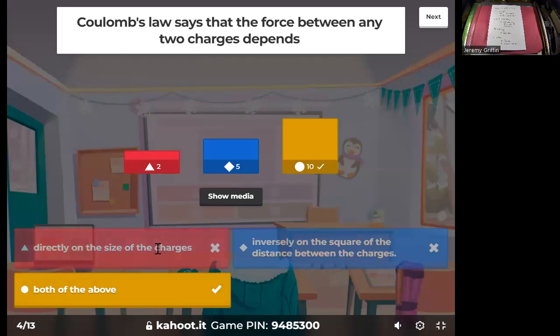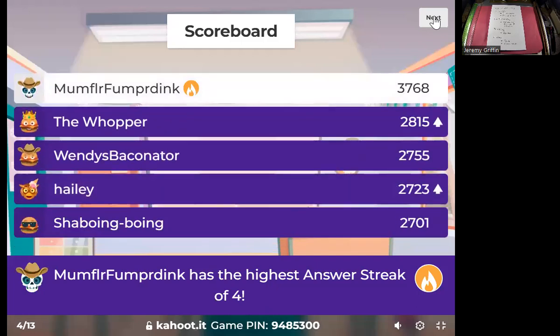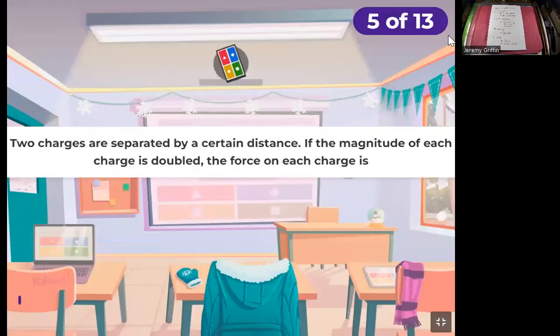If you increase either charge, then the overall force will increase. But also inversely on the square of the distance between the two charges. And that was the same as universal gravitation. So for example, if you double the distance, what happens to the force between them? One fourth as much, because one half squared. That's true for electrostatic force, and that was true back in the day also for gravitational force. Coulomb's law looks a lot like Newton's universal law of gravitation.